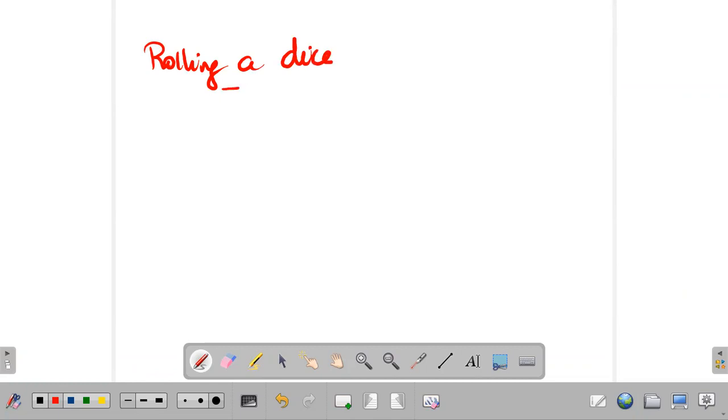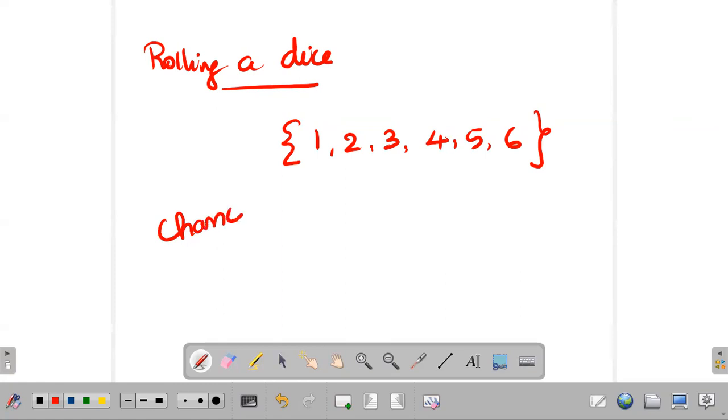When I am rolling a dice, I very well know that the possible outcome is either 1 or 2 or 3 or 4 or 5 or 6. But if I am asking you what is going to be the outcome, you can say that I cannot say, but there is a chance that I may see a 1 or a 2 or a 3 or a 4 or a 5 or a 6.